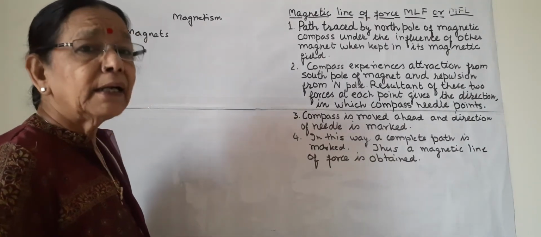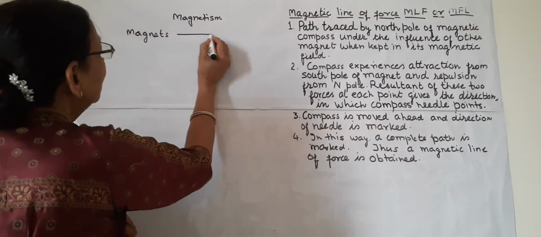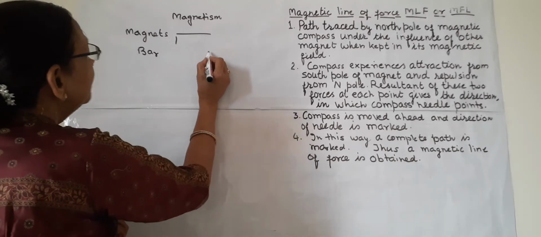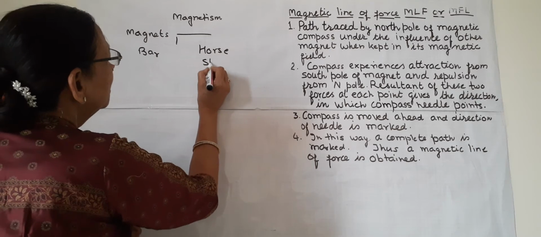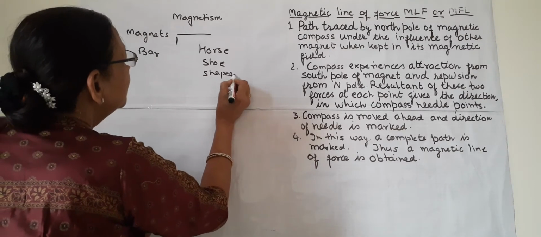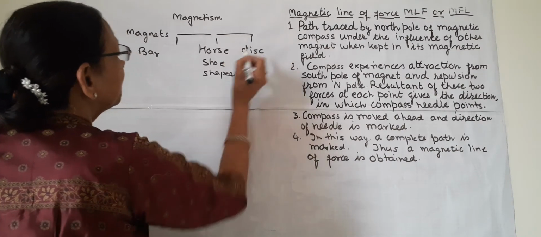Now about the types of magnet, three common types are there. One is the bar magnet, second is the horseshoe shaped magnet, and the third is the disc magnet, as we have just seen.